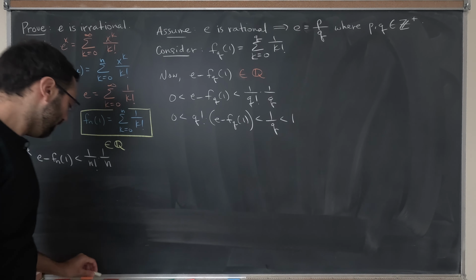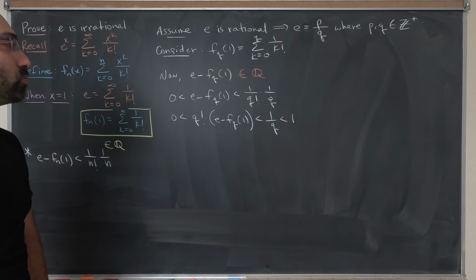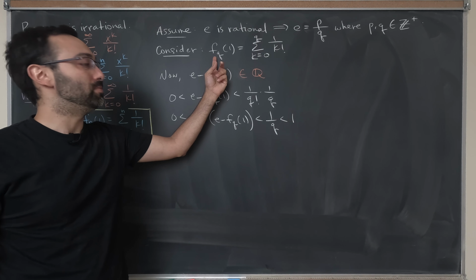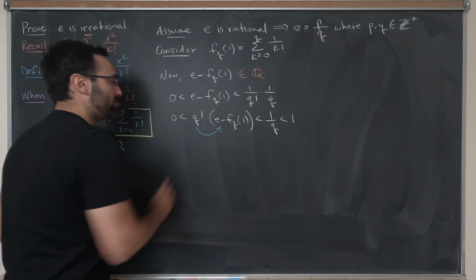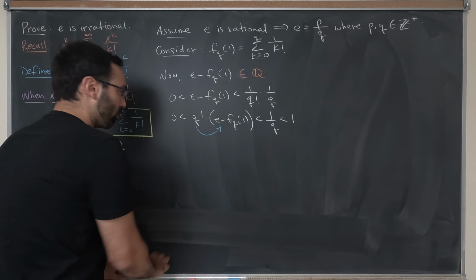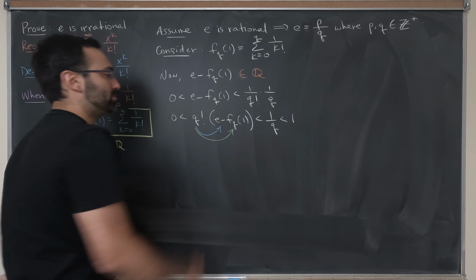Okay, fine. Now what we need to do, and this is where defining this f sub q of 1 comes in handy, we're going to look at q factorial times e, and we're going to look at q factorial times f sub q of 1.